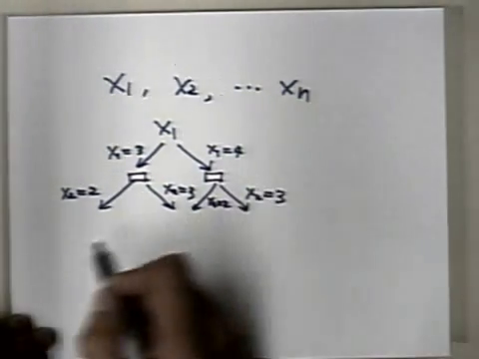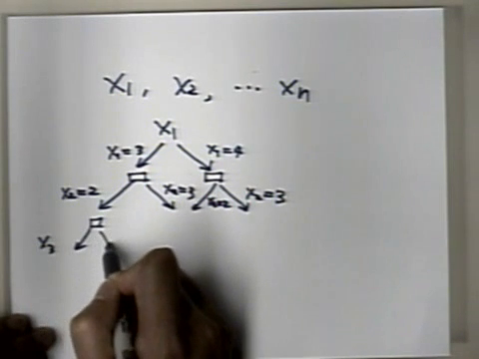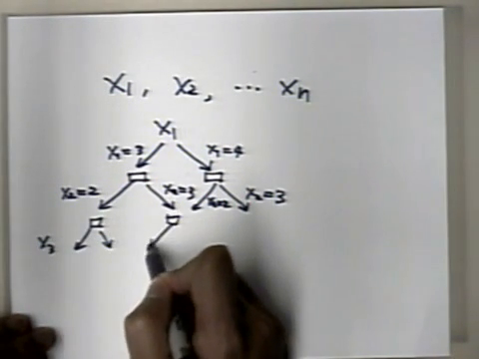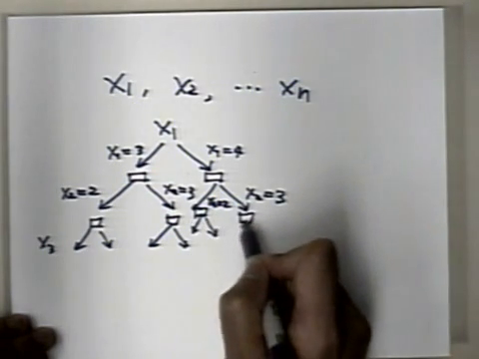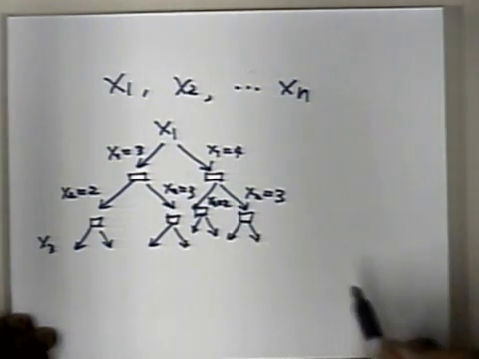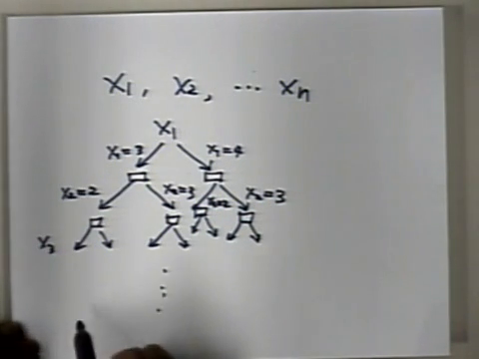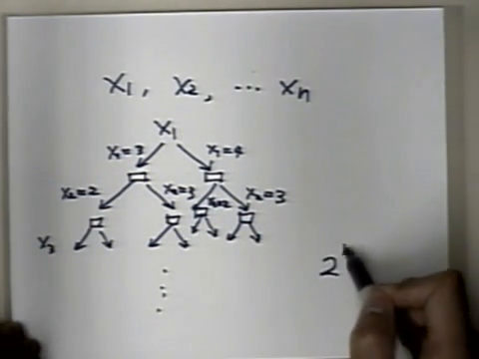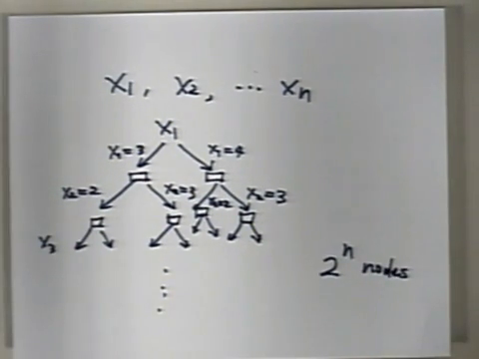And then if I have x3, you can envision it go like this. And then eventually this tree will have 2 to the power of n nodes, right? And that's not what we want to see, right?